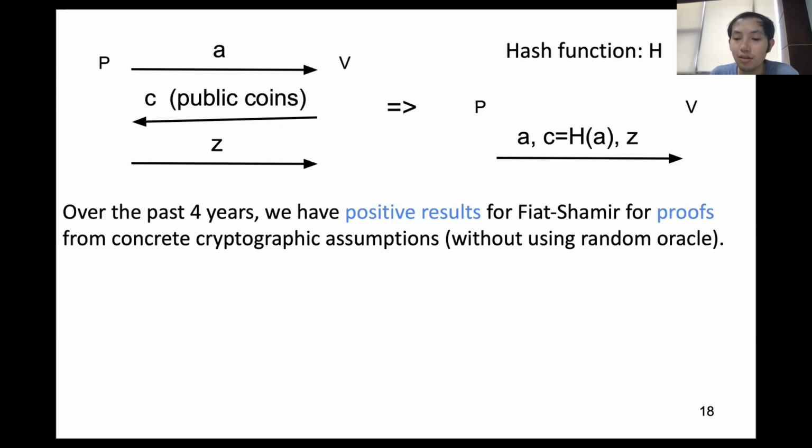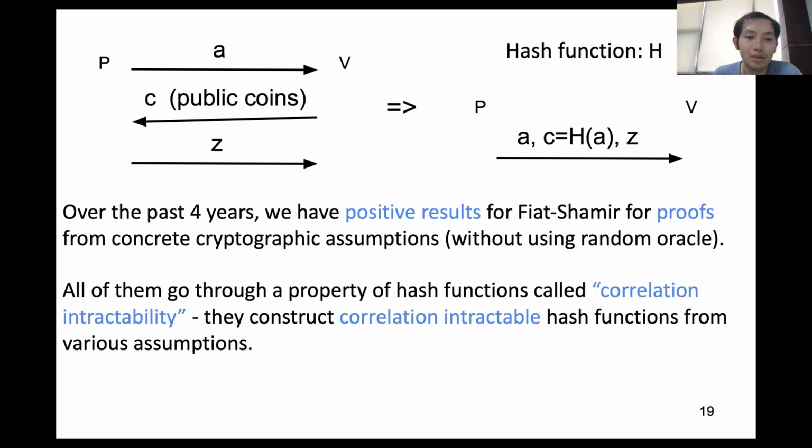So obviously it's not going to capture the impossibility of Goldwasser and Kalai because that's an unconditional impossibility result, but it will capture a large class of protocols that does not include the counterexample. And let me tell you a little bit. So all of these positive results go through a property of hash functions called correlation intractability. And these works all build correlation intractable hash functions from various assumptions.